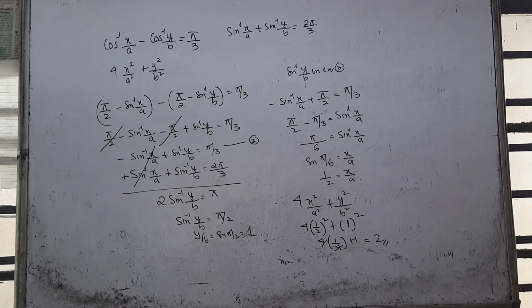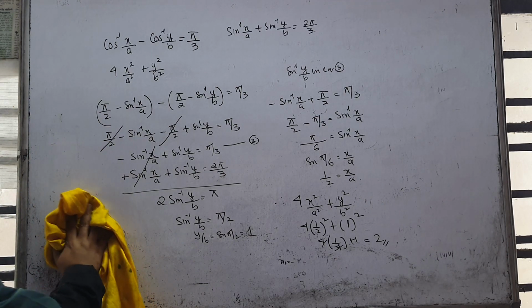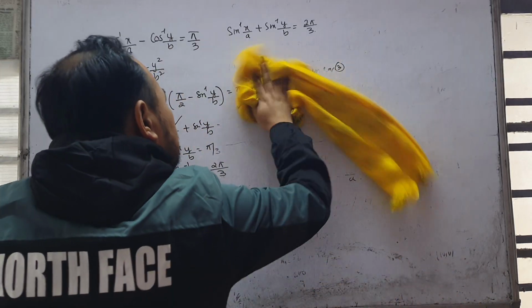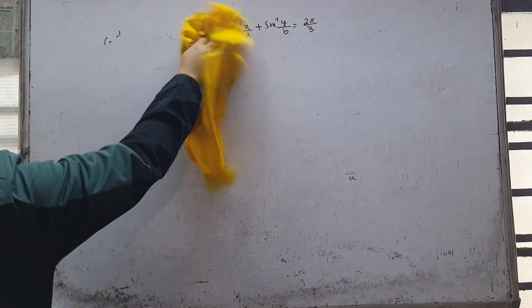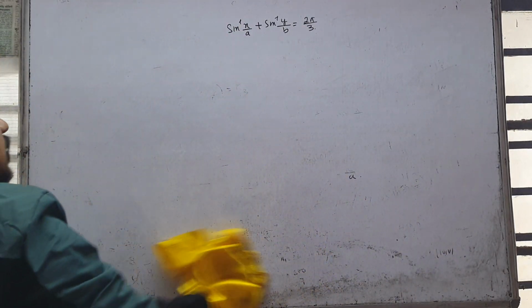Okay. Now, did you understand this? 4 marks. Okay, there was one more question. That was also a competence based question.